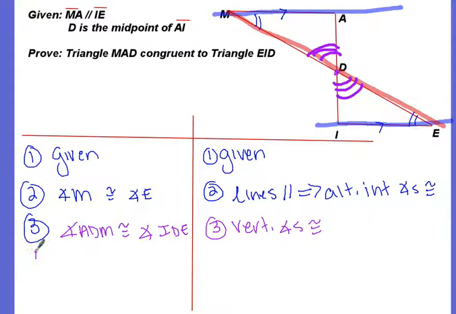Okay, so let's keep track. It says D is the midpoint of AI. So AI is this segment. If D is the midpoint, that means that AD is congruent to DI. That's the definition of a midpoint.